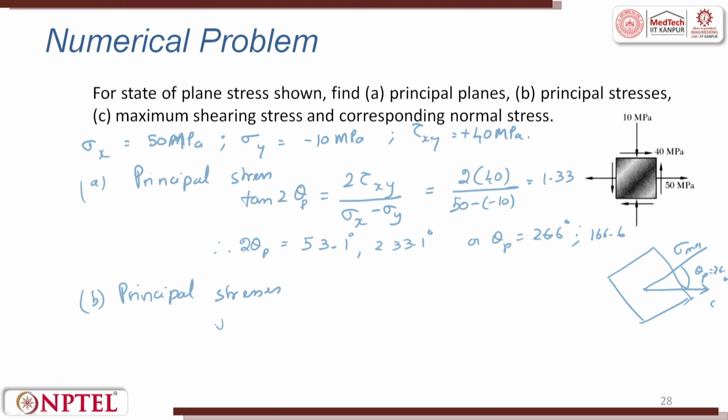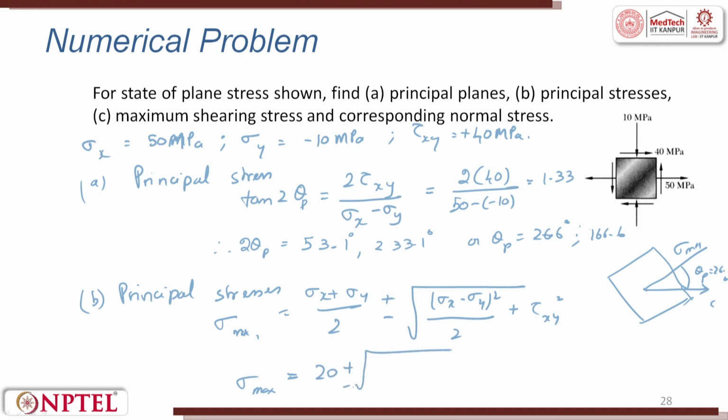So, principal stress is equal to sigma x plus sigma y by 2 plus or minus root of sigma x minus sigma y by 2 whole square plus tau xy whole square, which is, when you try to substitute all, you will get sigma max is 20 plus or minus root 30 the whole square plus 40 the whole square, which is nothing but sigma max is going to be 70 MPa and sigma min.